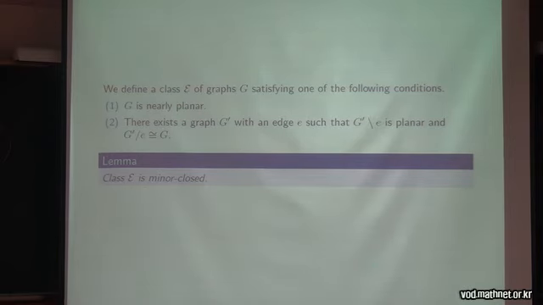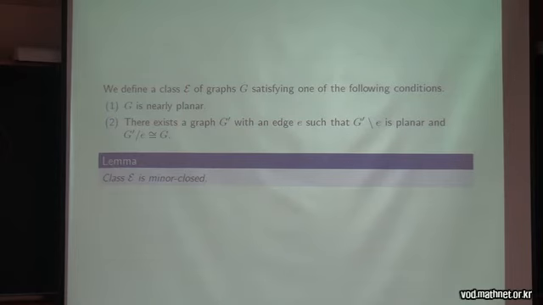The first one is just a nearly planar graph. And this first one is just depending on edge deletion. But for the second one, we find a bigger graph G prime with an edge E, a planarizing edge E, such that G prime contraction E is isomorphic to graph G.